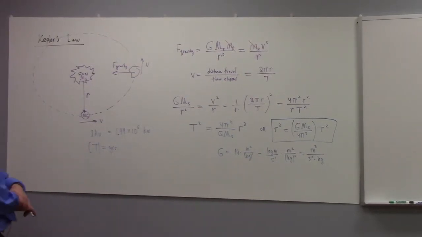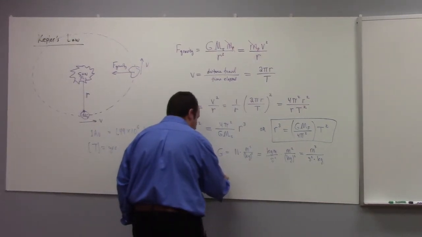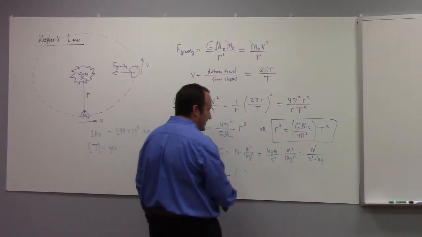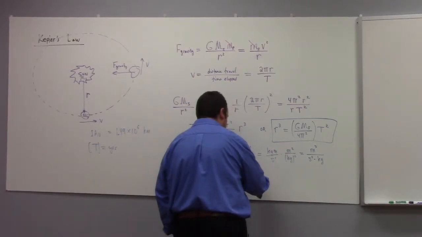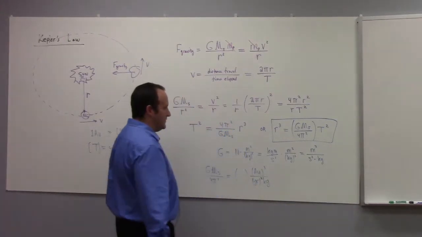This is G times the mass of the sun divided by 4 pi squared equals what number times astronomical units cubed divided by years squared? Fill in the blanks for me. What goes there? Can you tell me?